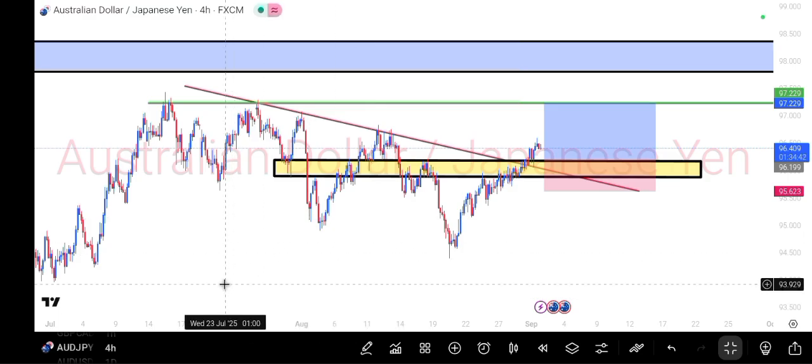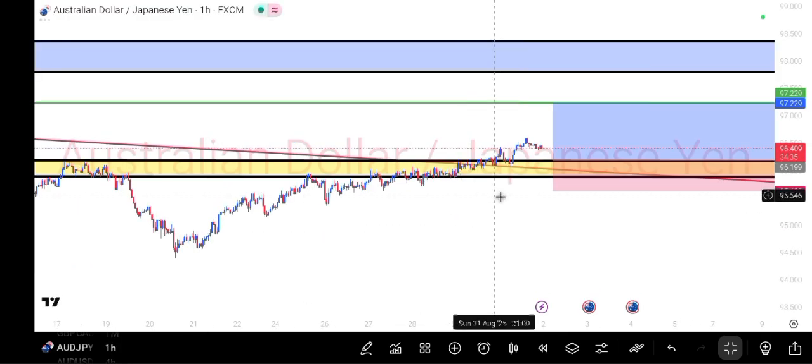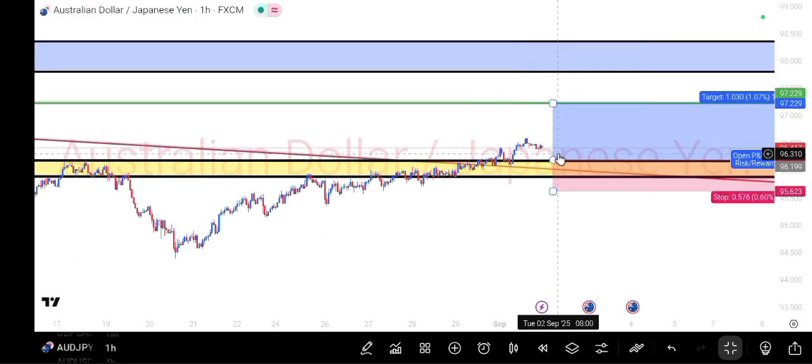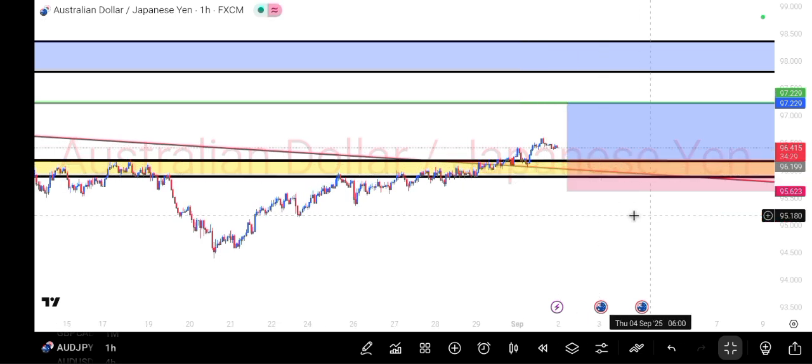Now, knowing that this is what you're looking out for, if you are a day trader and you don't want to be executing such a setup, you wait for this market to come to your zone on the 4-hour time frame.